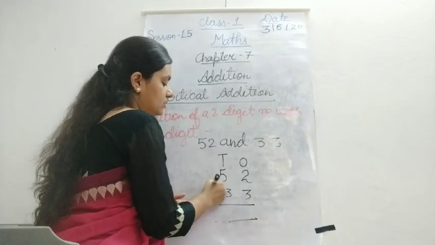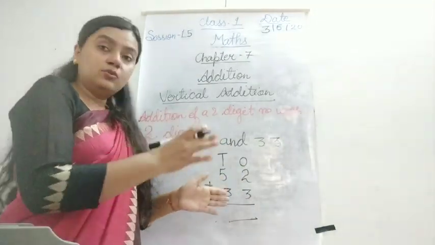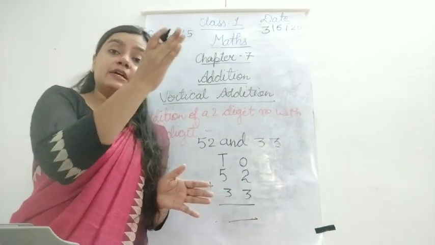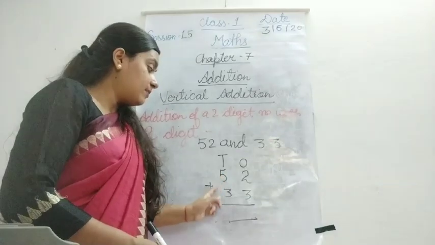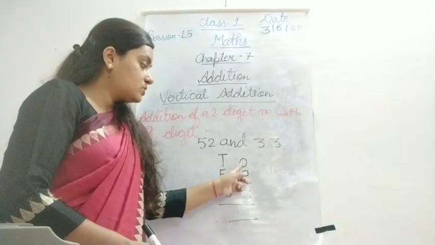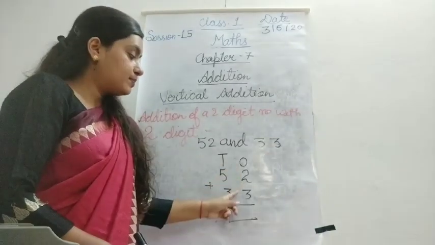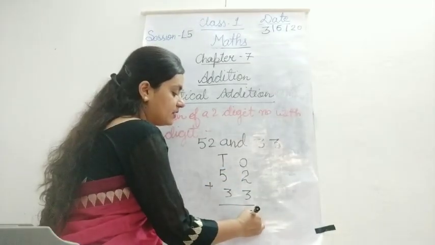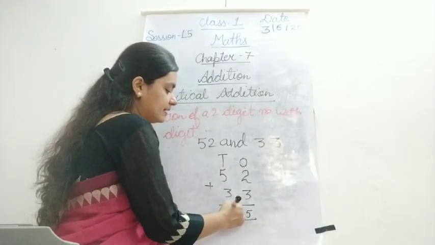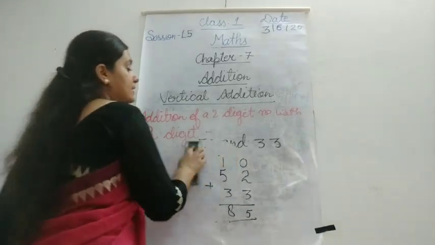You will add numbers in a sequence. 2 will be added with 3 only and 5 will be added with 3 only. So 2 plus 3, what answer will come? 2 plus 3, 5 and 5 plus 3, 8. Okay, I hope you are able to understand it.